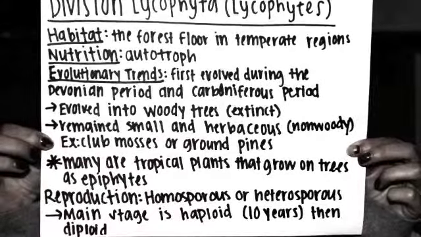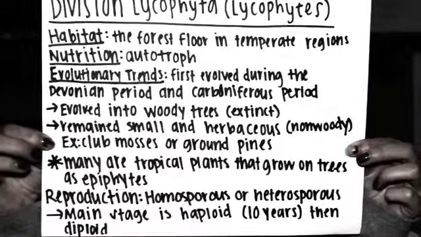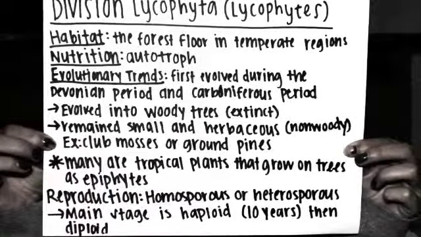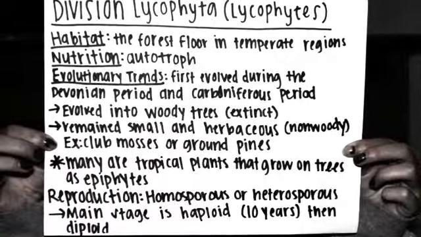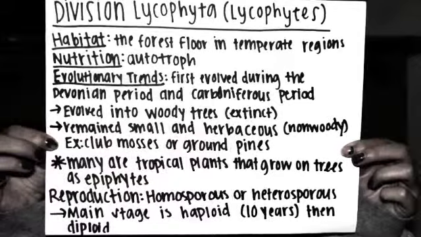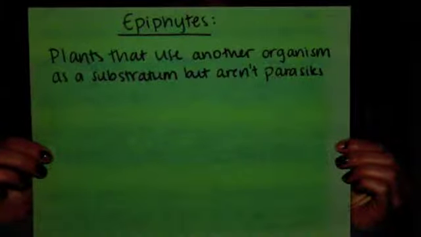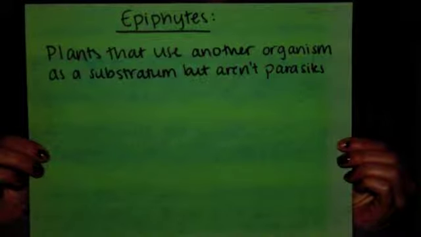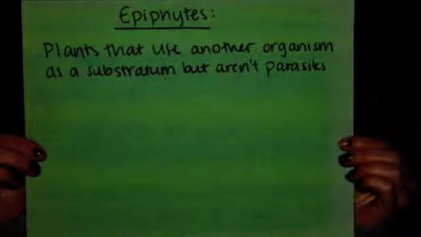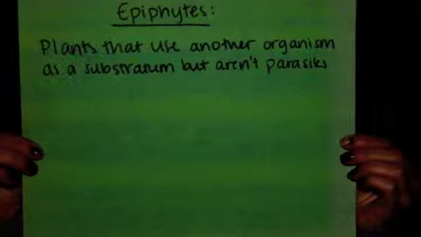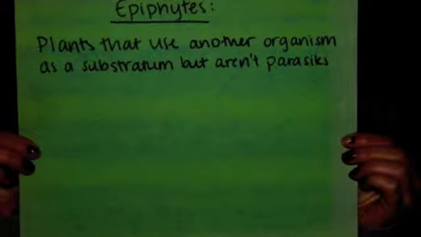They are autotrophs and they first evolved during the Devonian period. They are homosporous as well as heterosporous, and their main stage is the diploid stage. As we said in the previous slide, epiphytes are any plants that grow upon or are attached to another plant or object just for physical support, but aren't considered parasites.